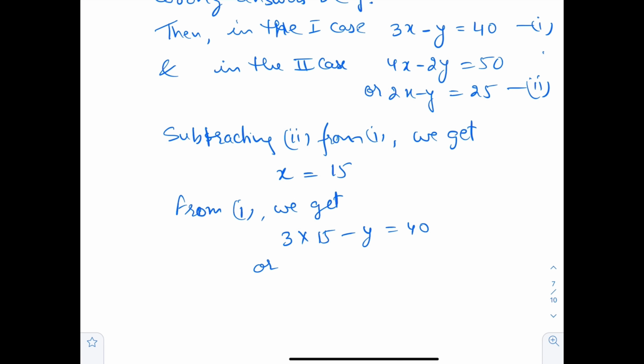This is 45 minus y equal to 40. This implies minus y equal to minus 5, or y equal to 5. So we have y equal to 5 and x equal to 15.